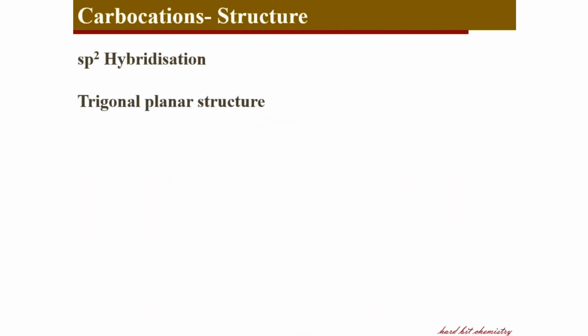And carbocations are sp2 hybrid ones, that is, the carbon atom bearing the positive charge is sp2 hybridized, with the shape of a trigonal planar structure.